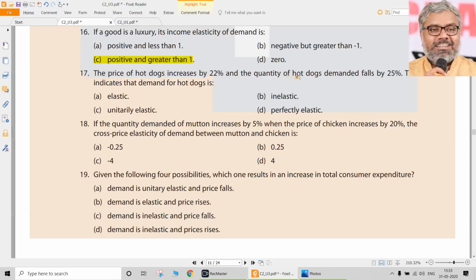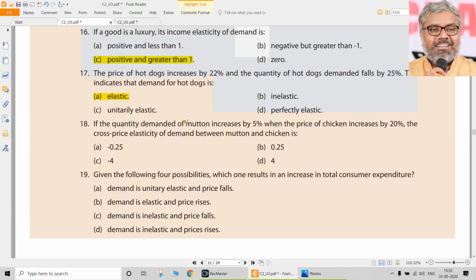Now what happened? Percentage change in the quantity demanded is 25%. Percentage change in the price is 22%. So 25 divided by 22, is it going to be more than 1 or not? Definitely more than 1. When it is more than 1, we can call such a product elastic.